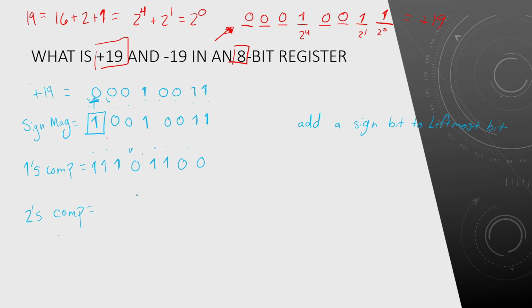In 2's complement, we find the least significant one and invert everything else to the left, but we keep this 1. So it's going to be 1, 0, 1, 1. A lot of numbers to keep track of.